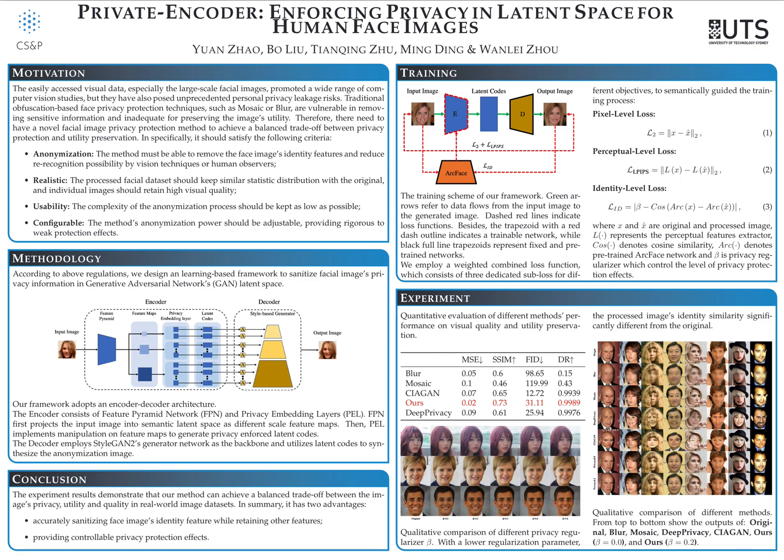After that, we illustrate the quality comparison of different privacy regulator settings. We can see in the pictures below the table that with lower regulators, the processed images' identity is significantly different from the original one.